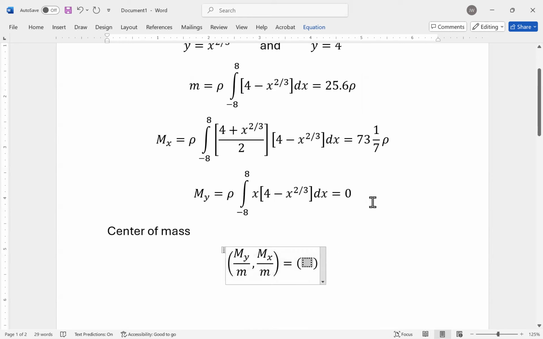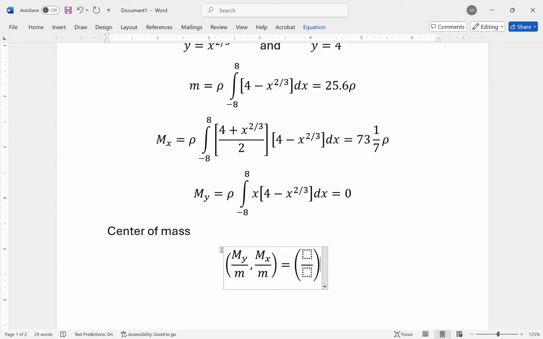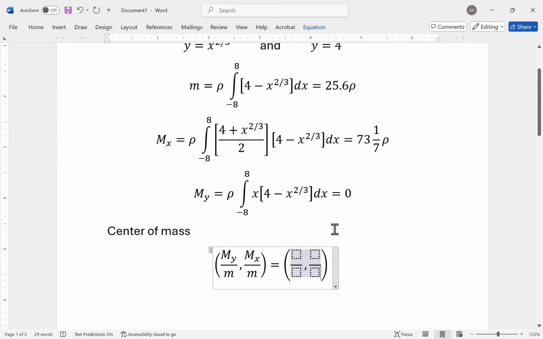All right, so now we're ready to do this. Again, 25.6 rho is my mass. So that is going to be the denominator of both the x part and the y part.